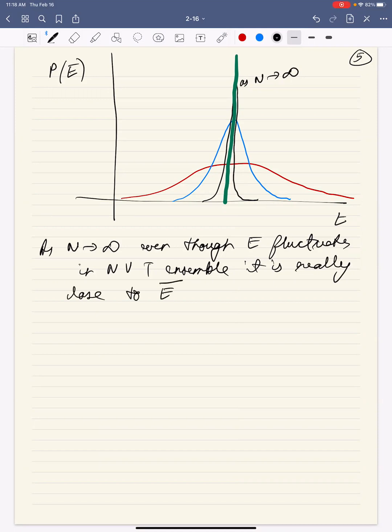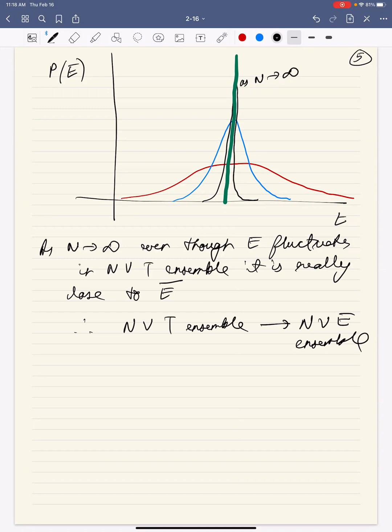So we just got a sense of why the NVT ensemble starts to approach the NVE ensemble. Even though you're allowing the energy to change by fluctuations, on average, it's going to stay almost the same. Okay?